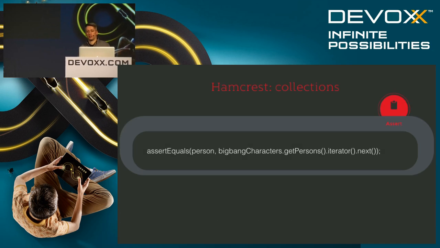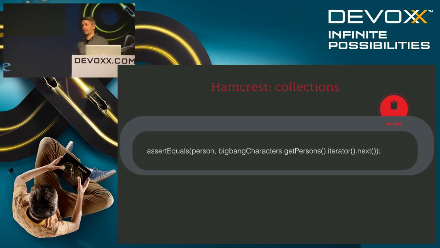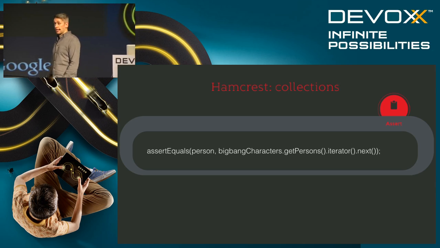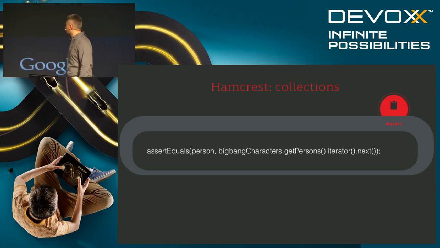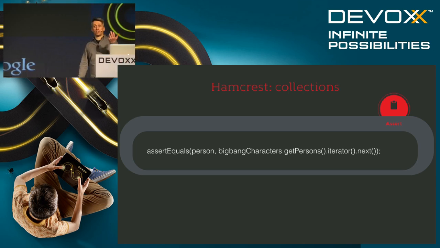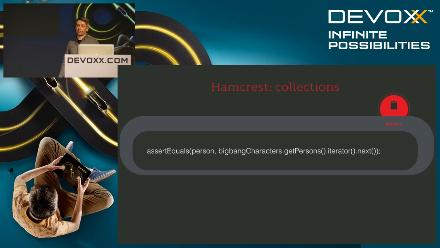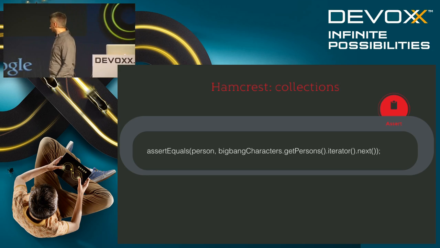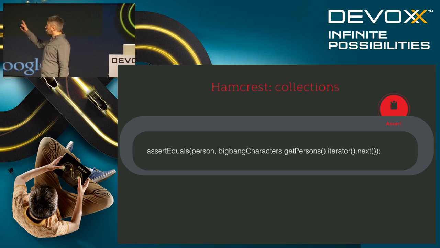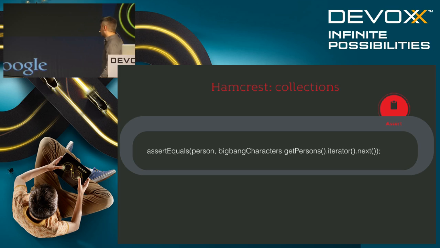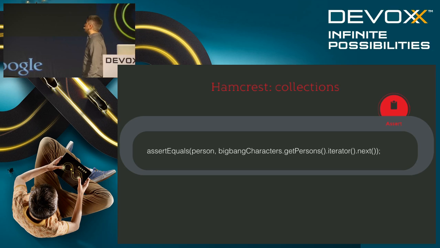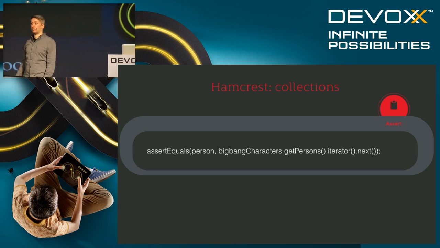Now, Hamcrest, the more you work with it, the more you work with tests, the more useful it will be. For instance, let's say that you have a collection. In this case, I have my collection of Big Bang characters. Let's say I want to assert something about the first person. Until now, I could say assert equals. I have a certain person in my test, and then, for instance, let's get hold of the first item in my collection.